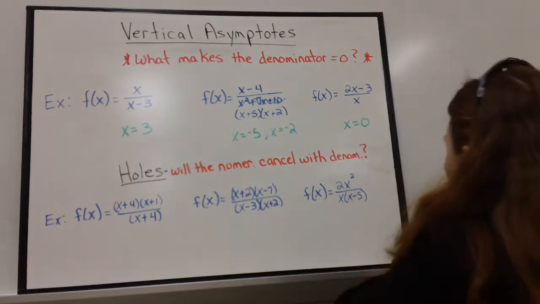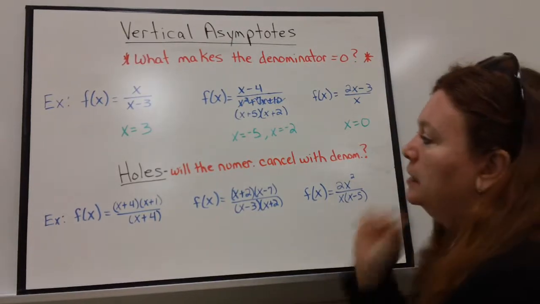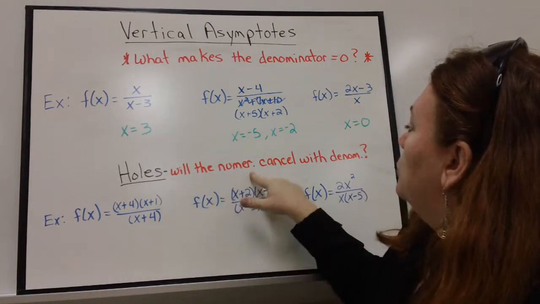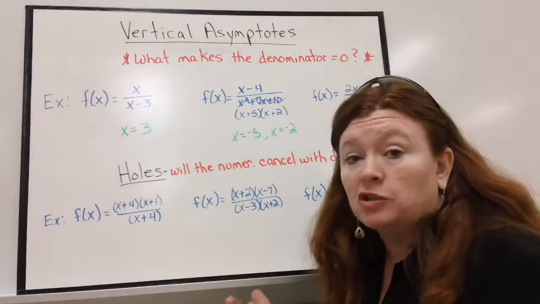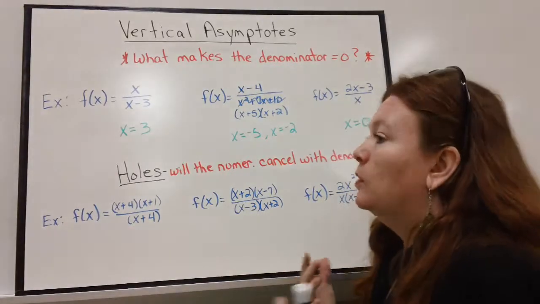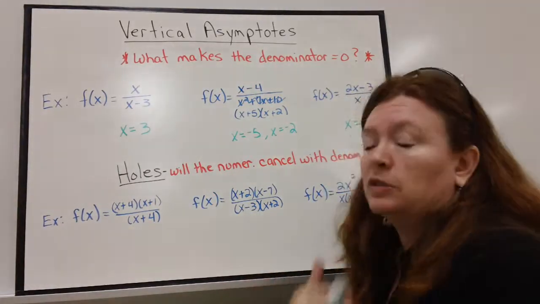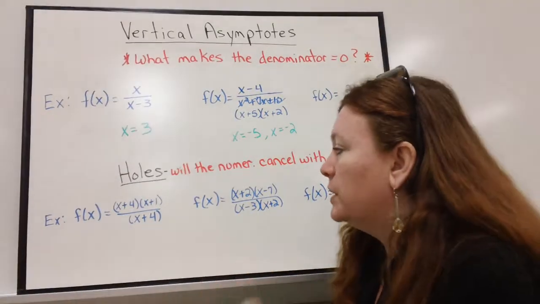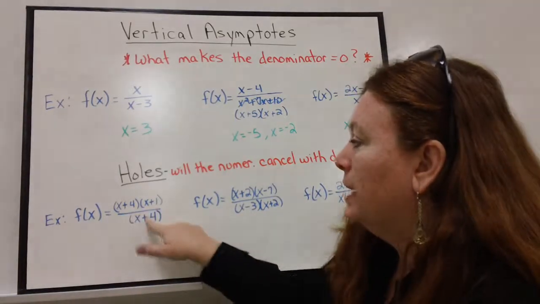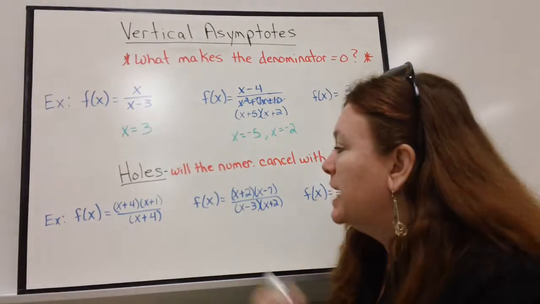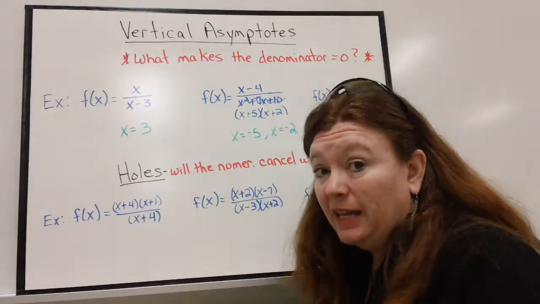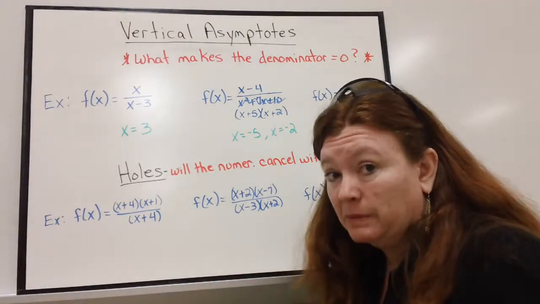Now, a hole in the graph is very similar to a vertical asymptote. A hole in the graph is when the numerator cancels with the denominator. A factor of the numerator cancels with a factor in the denominator. For example, I see right here the x plus 4s will cancel. I want so badly to say that x equals negative 4 is a vertical asymptote.